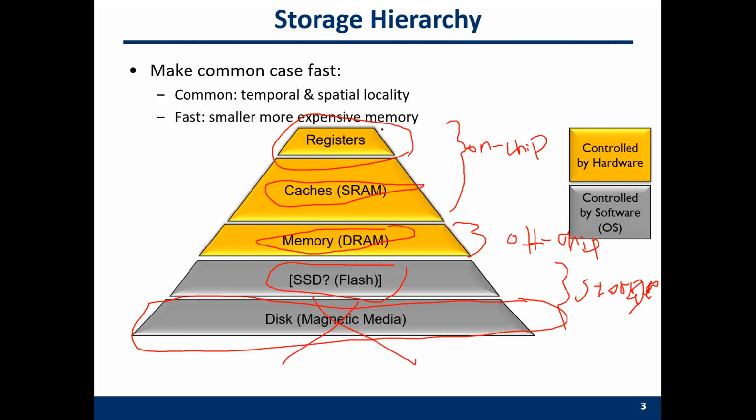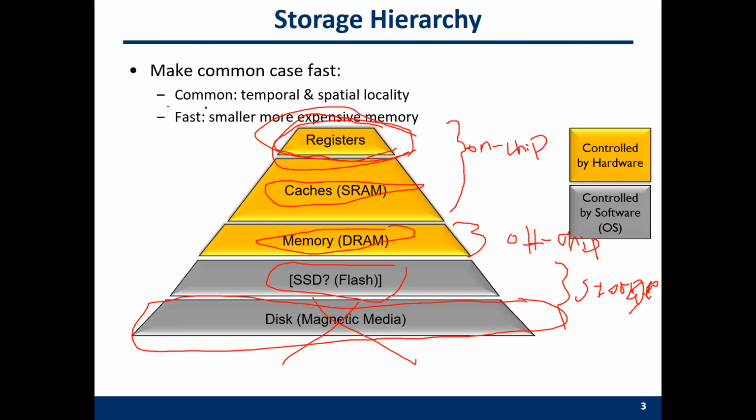This is the fastest and also the most expensive one. When I talk about the price, I mean the dollar per byte. So the dollar per byte of the register file is very expensive. On the contrary, the disk's dollar per byte is relatively cheaper, but it is slower.